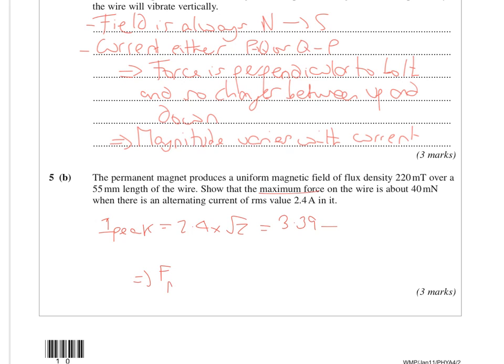Turns out that F max equals B I max L. So it's going to be the I peak times 220 times 10 to the minus 3, times 55 times 10 to the minus 3, because it's in millimeters. That's 0.041 newtons, which is approximately 0.040, which is what we were trying to show, roughly speaking.